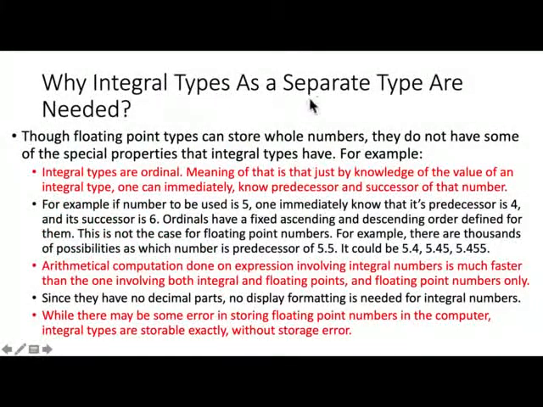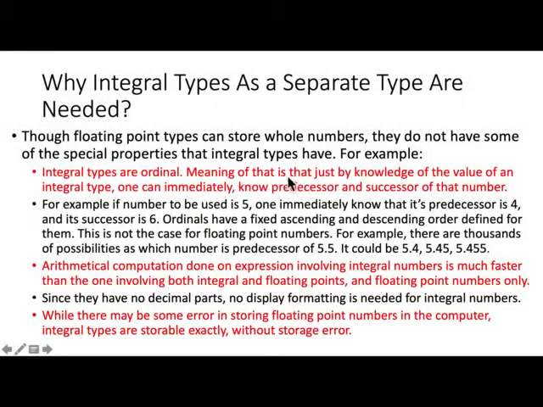Why are integral types as a separate type needed? That's the question which a lot of novices ask. Though a floating point type can store whole numbers, they do not have some of the special properties that integral types have. For example, integral types are ordinal.